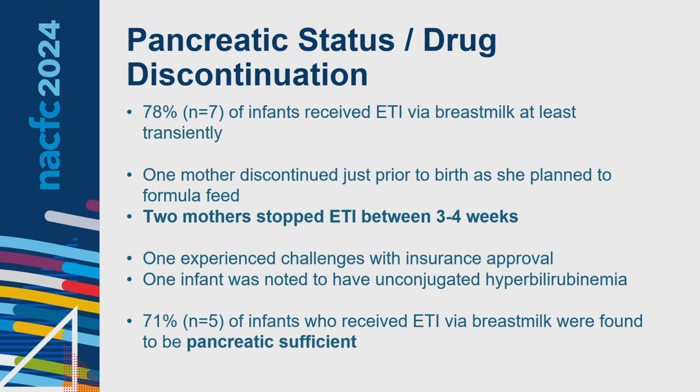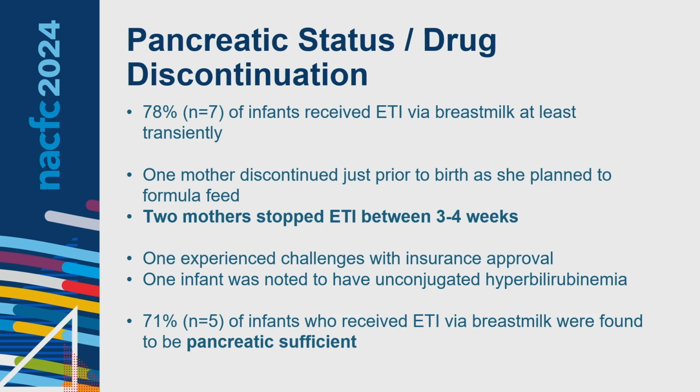And 1 infant had otherwise unexplained, unconjugated hyperbilirubinemia, which we truthfully can see in cystic fibrosis in the absence of any other of these confounding prenatal treatments. But the family chose to discontinue ETI because there were no other reasons that they could explain it.